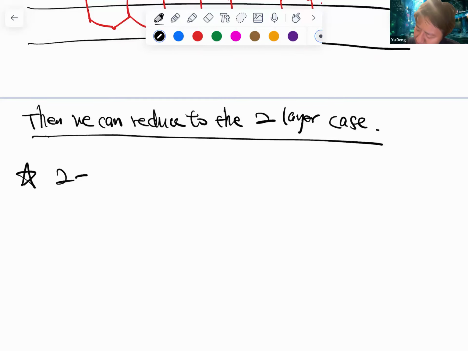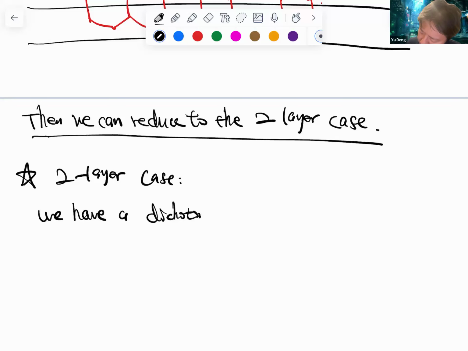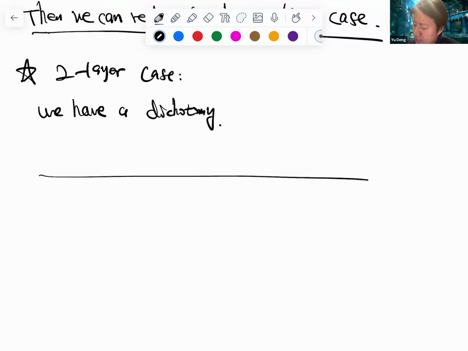So in the two-layer case, there exists a dichotomy. Let's consider a typical case, which is also a simplified case, but it already contains most of the difficult components. Let's say we have two layers.